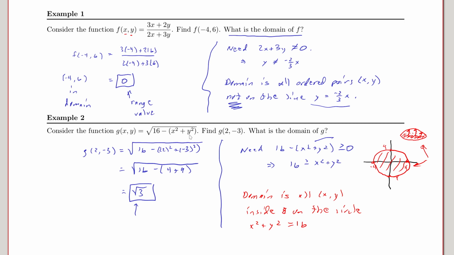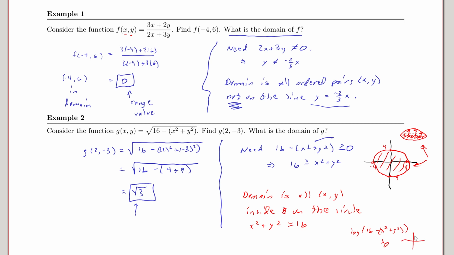So if this was the log of 16 minus x squared plus y squared, or natural log, then the difference would be we would need this to be strictly bigger than 0. The domain would be everything just inside.